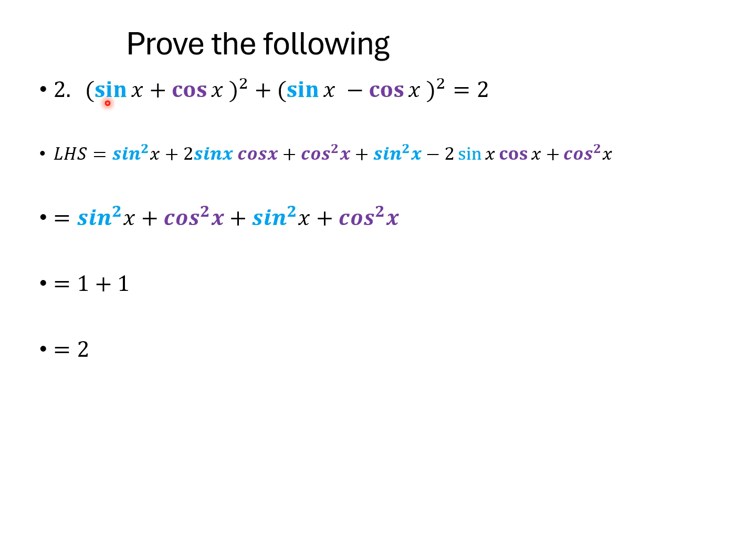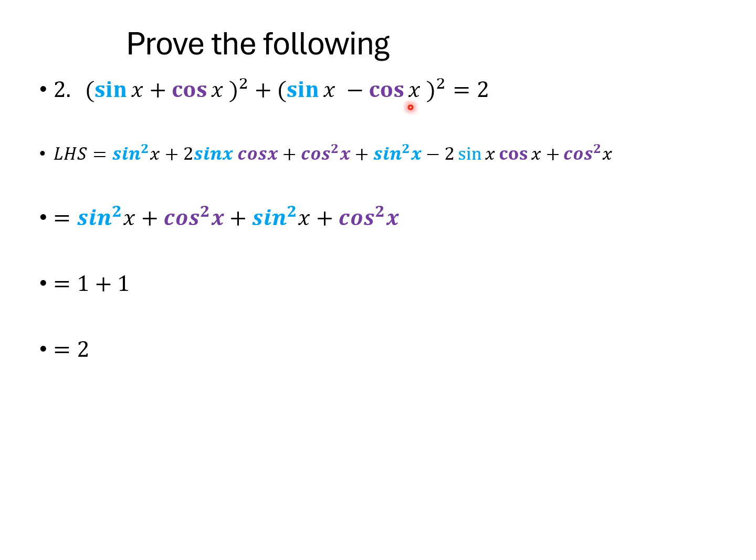So sine x times sine x is sine squared x. Sine x times cos x times 2 becomes 2 sine x cos x. Cos x times cos x becomes cos squared x. In the second bracket, sine x times sine x is sine squared x. Sine x times cos x times 2 gives me negative 2 sine x cos x.